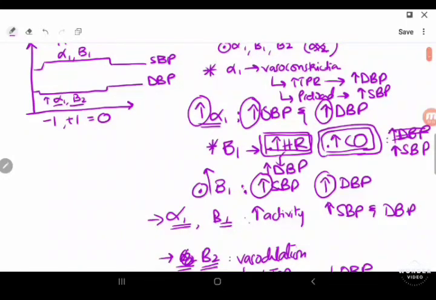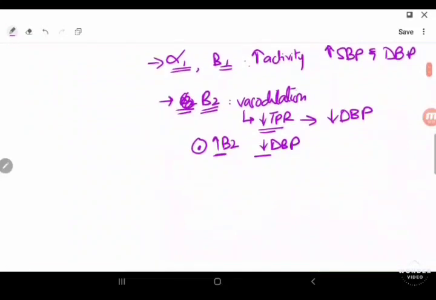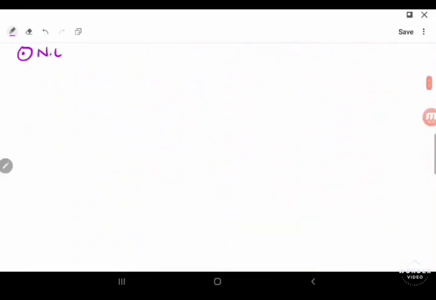Okay, so now that we have that understanding, let's talk about norepinephrine. This part is the only part that I think medical students need to memorize, because other than that, everything is very easy. Norepinephrine has an effect on alpha 1 and an effect on beta 1. It has no effect on beta 2.